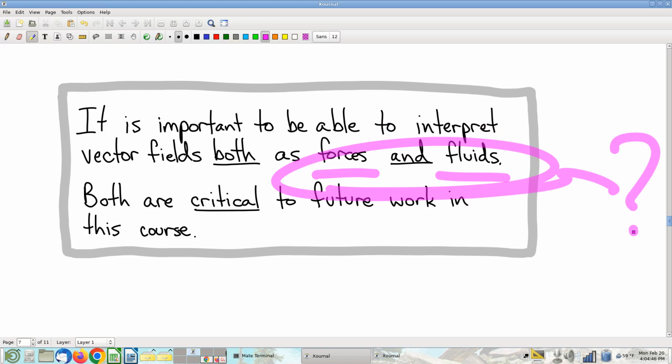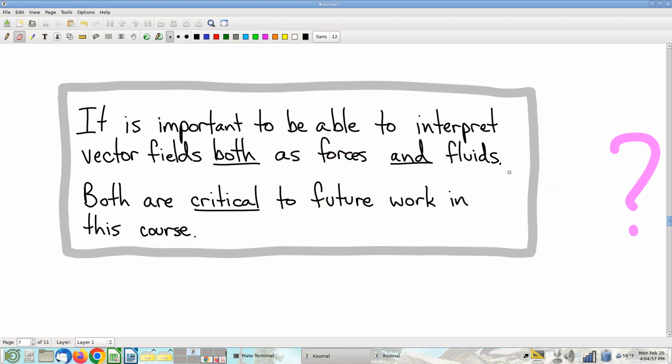There are some pieces of intuition about vector fields from the point of view of forces that will confuse you if you then try to apply that to fluids. So heads up that we have two important ways of thinking about vector fields.